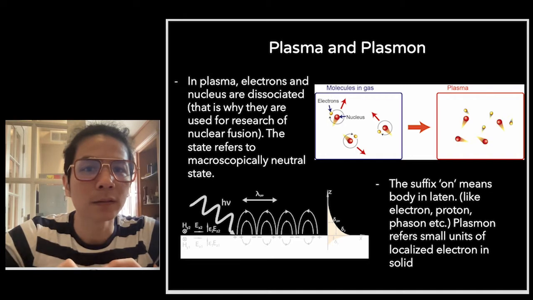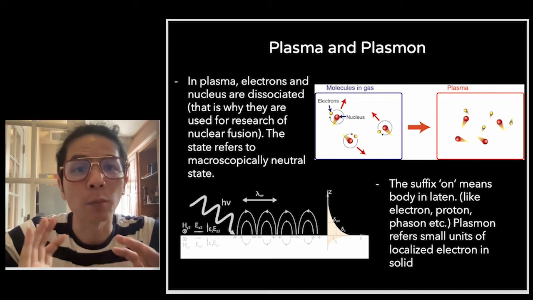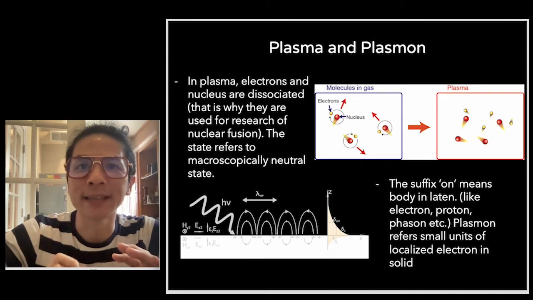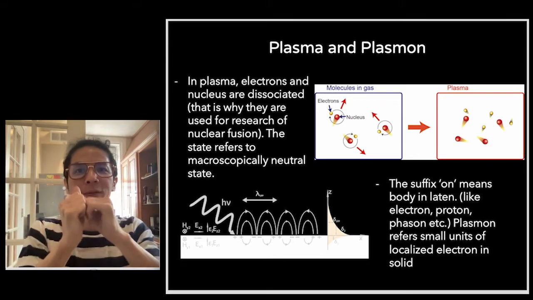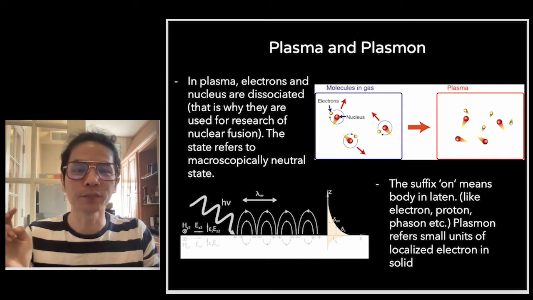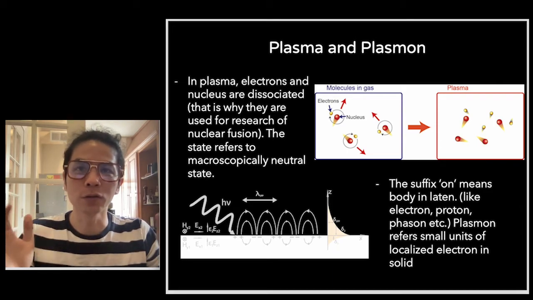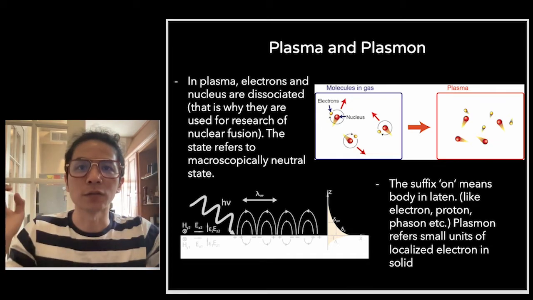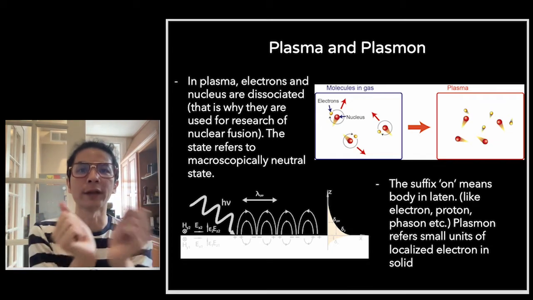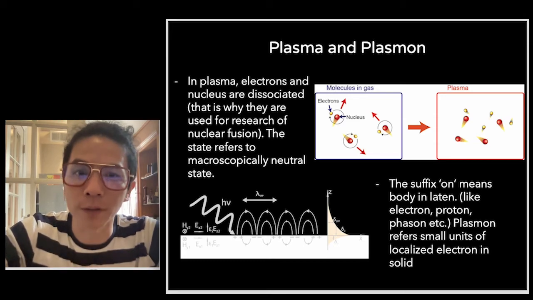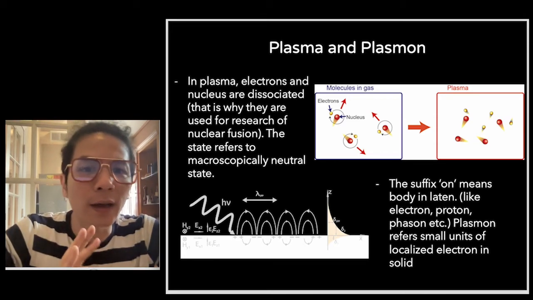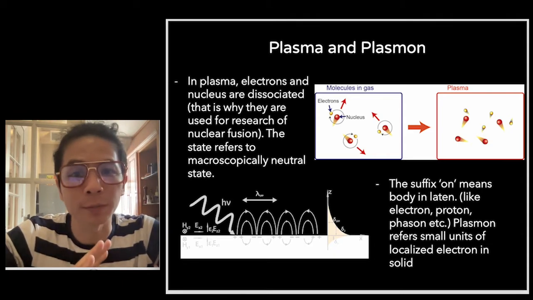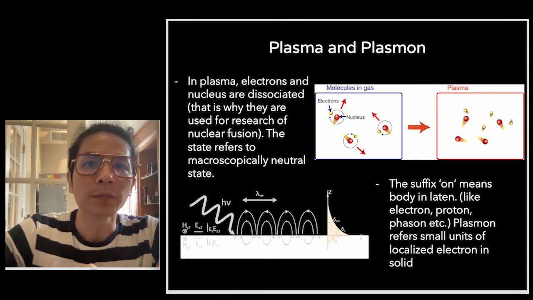This is the reason why sometimes plasma is the subject of study for nuclear fusion, because the nuclei are not shielded by the electron cloud, so they can get closer together than usual. So there is a lot of interesting physics going on in the state of plasma.